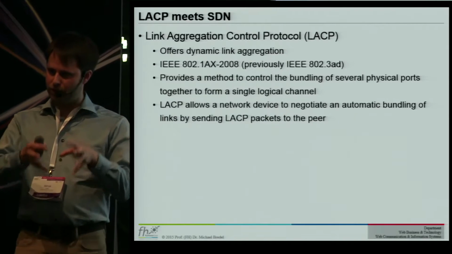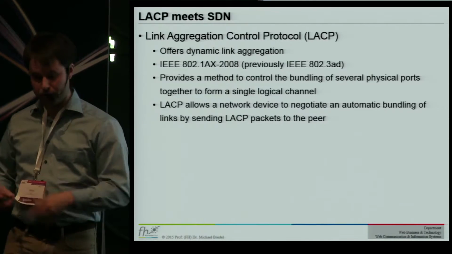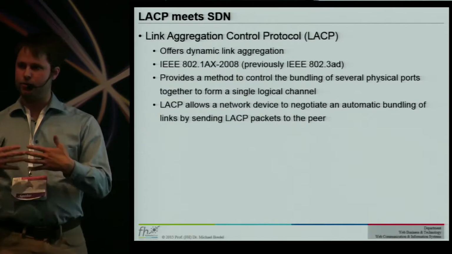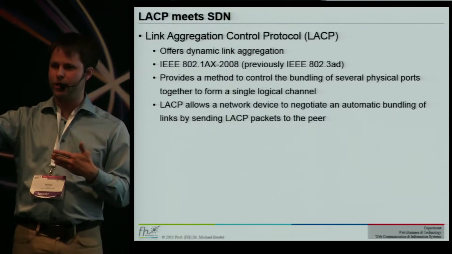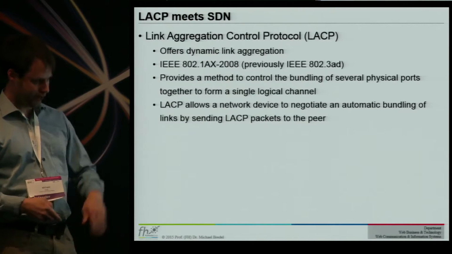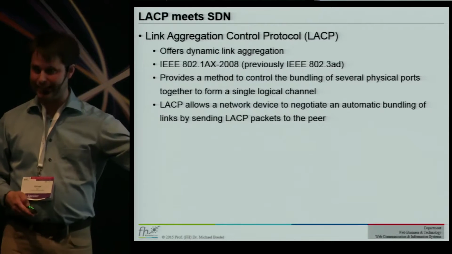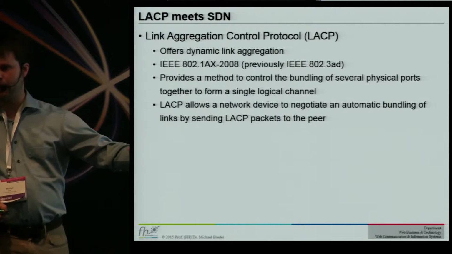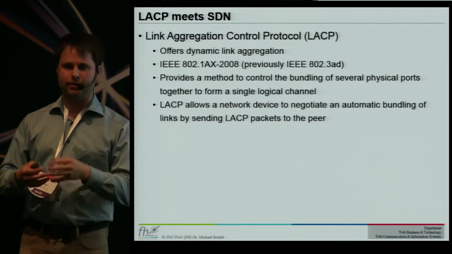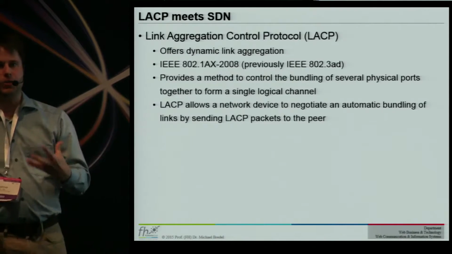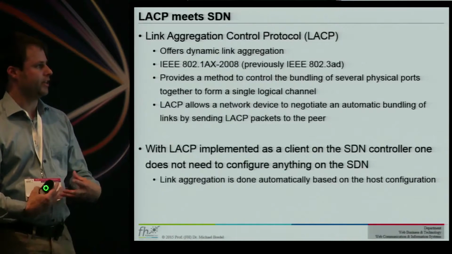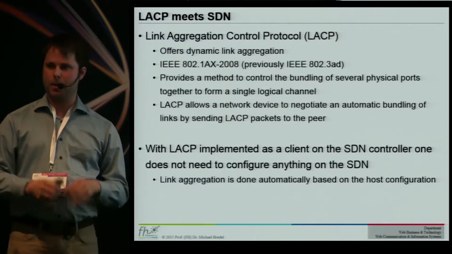So you just need to configure LACP ports on your host, and then LACP tells your network that it has a link aggregation group configured and sends all the information that is needed to your network. These packets are then forwarded to the controller, and the controller can use that information to actually configure the network by itself.